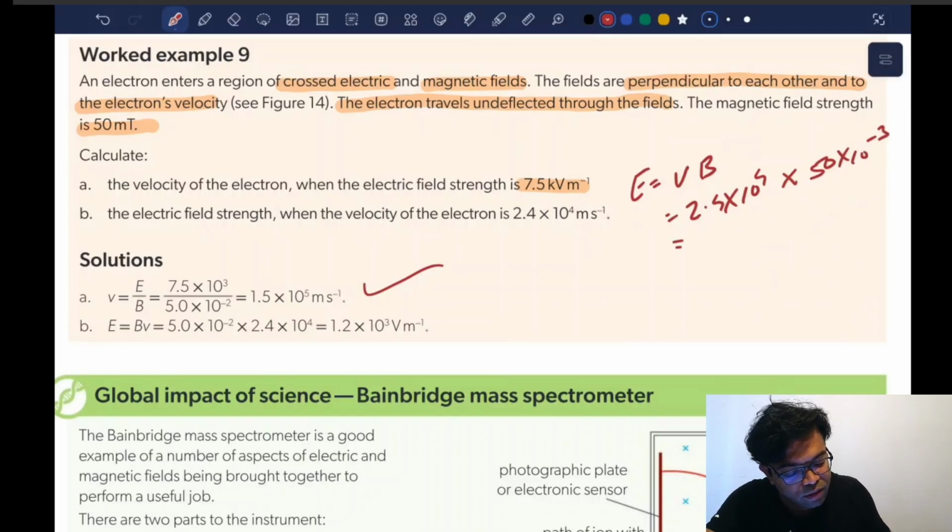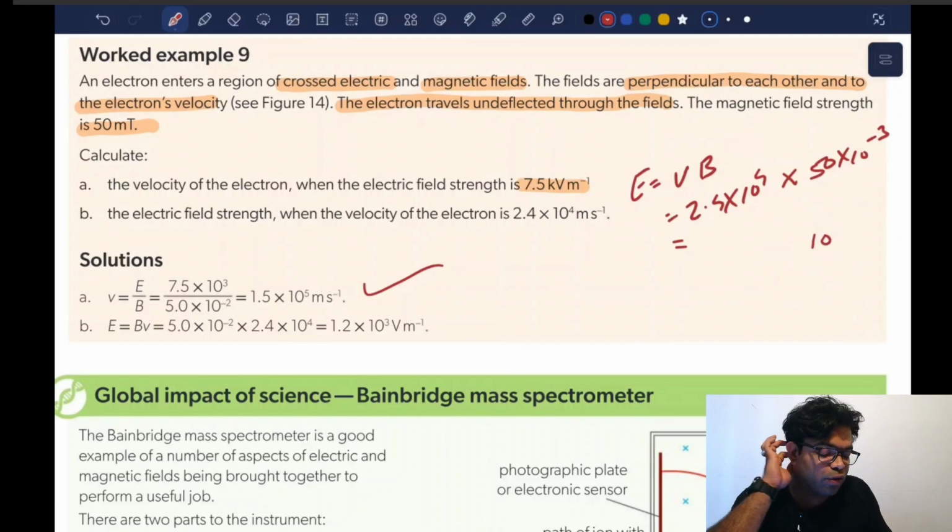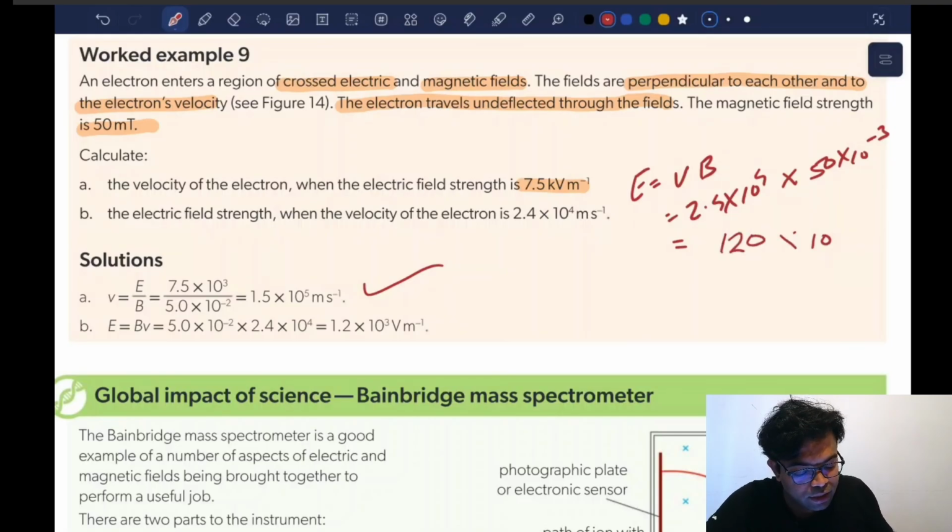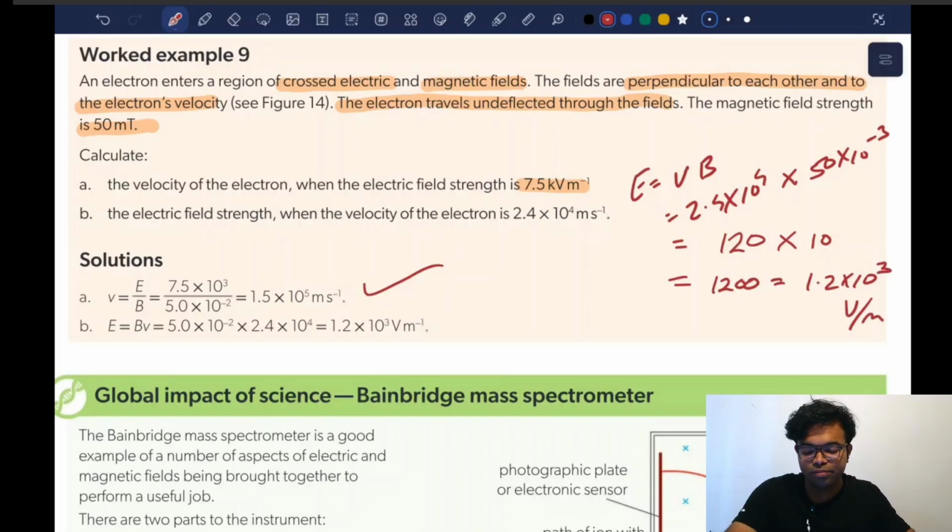So what will we get? 10 to the power 4 into 10 to the power minus 3 is 10. 24 into 5 is 120. 120 into 10 is equal to 1200, which is 1.2 into 10 to the power of 3 volt per meter. Clear?